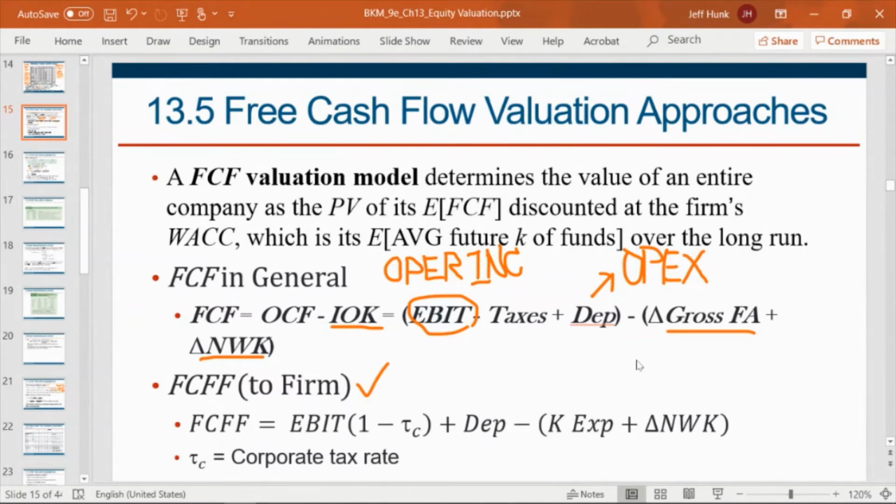For example, for an automobile company like Ford and General Motors or Chrysler, an existing automobile company that is built on the internal combustion engine, in other words, a gasoline or diesel engine.